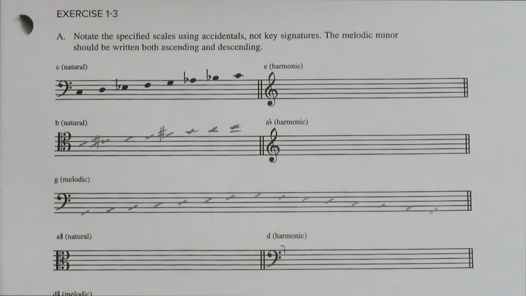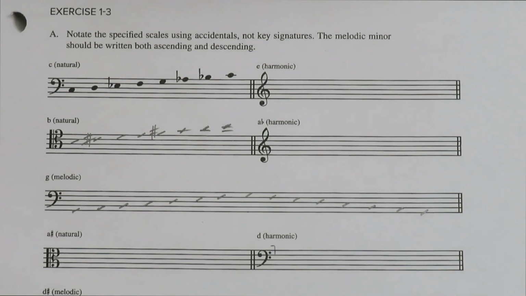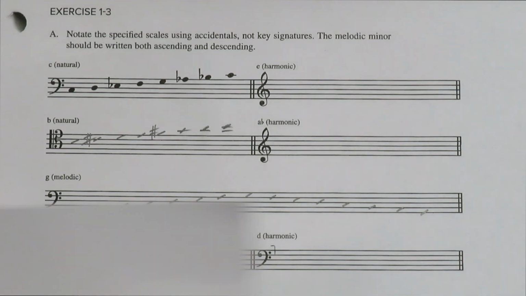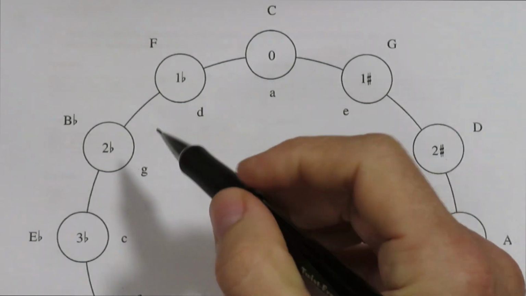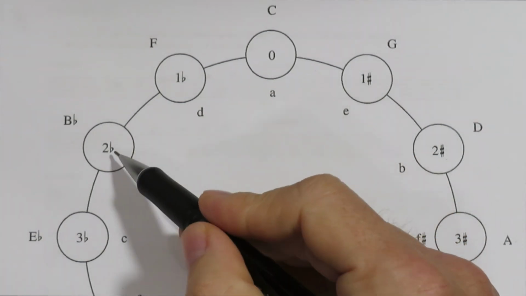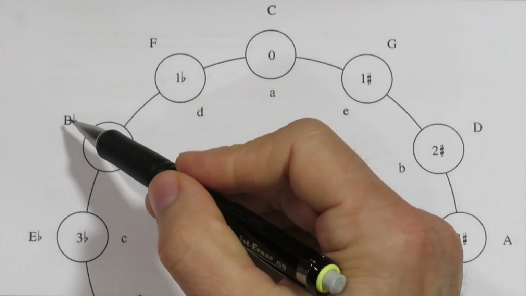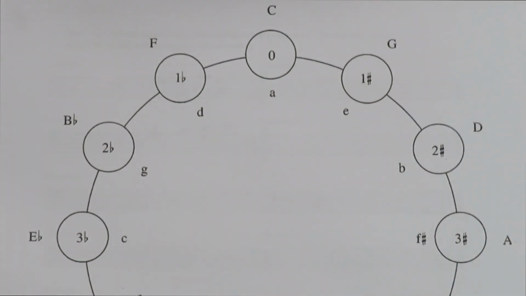Okay, so now the first step would be to figure out what the key signature is for G natural minor. So we go here, and G natural minor has two flats, like its relative major, B flat. Okay, so two flats.